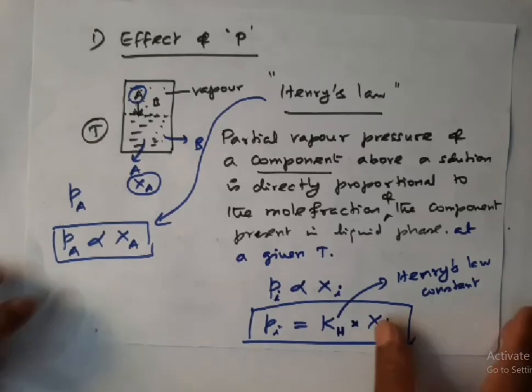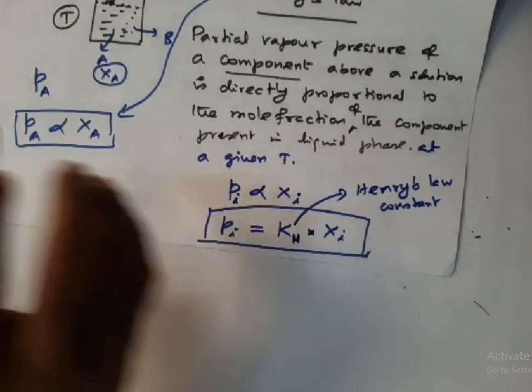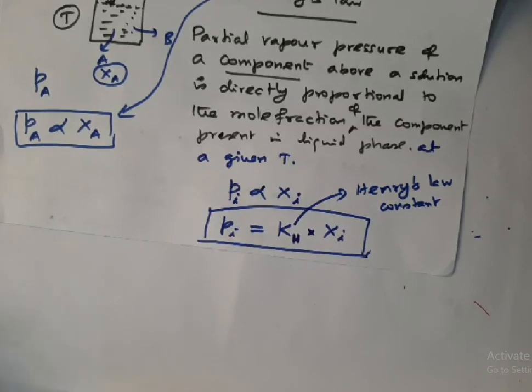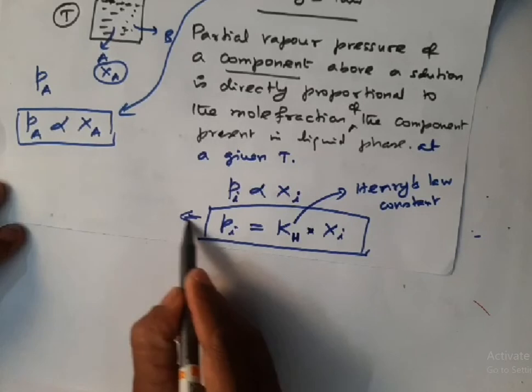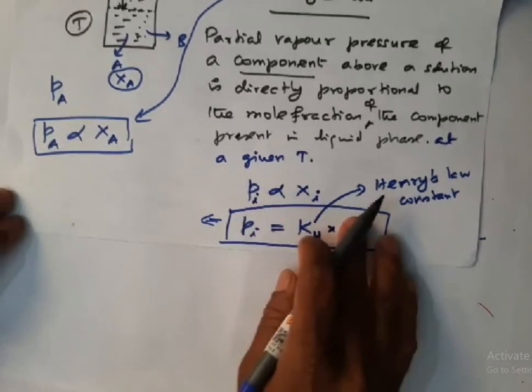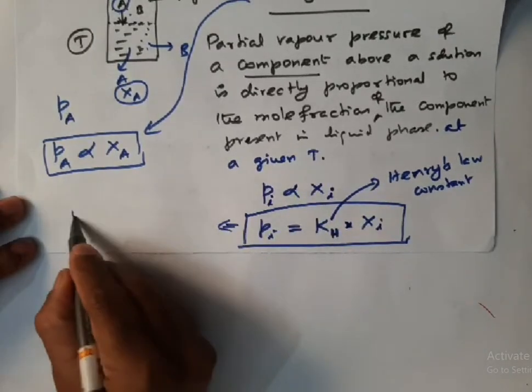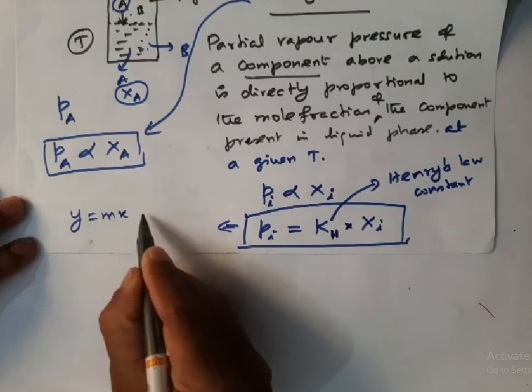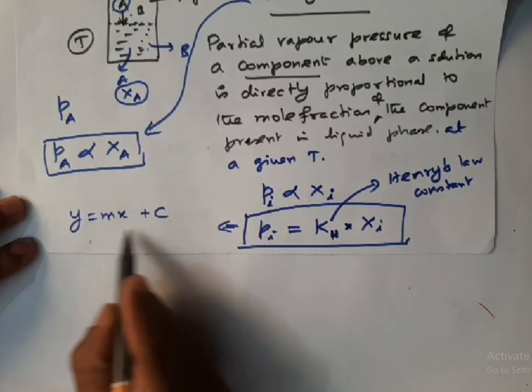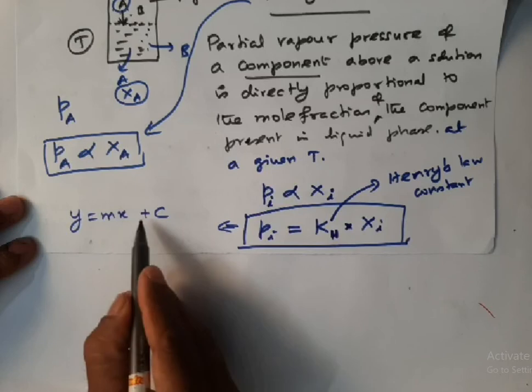See this equation, it is a very simple equation. It looks like the equation of a straight line, y is equal to mx. You know well, the general form of a straight line equation is y equals mx plus c.